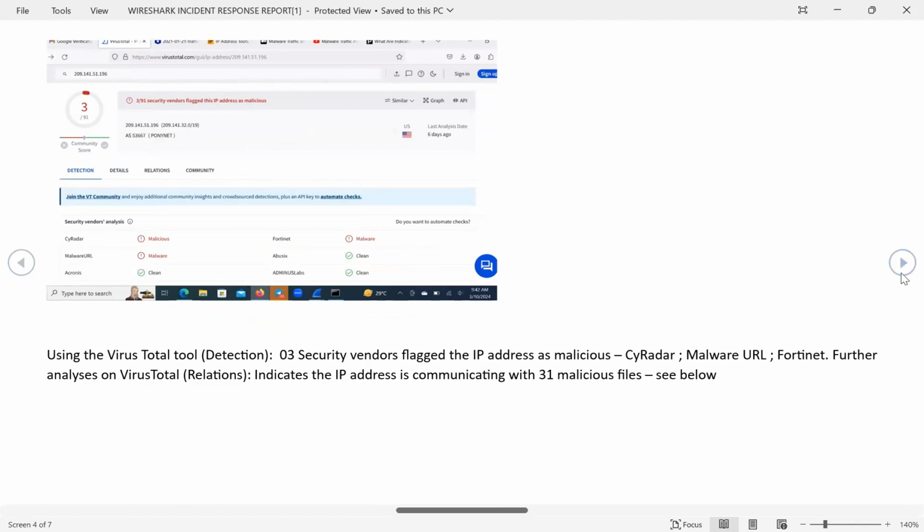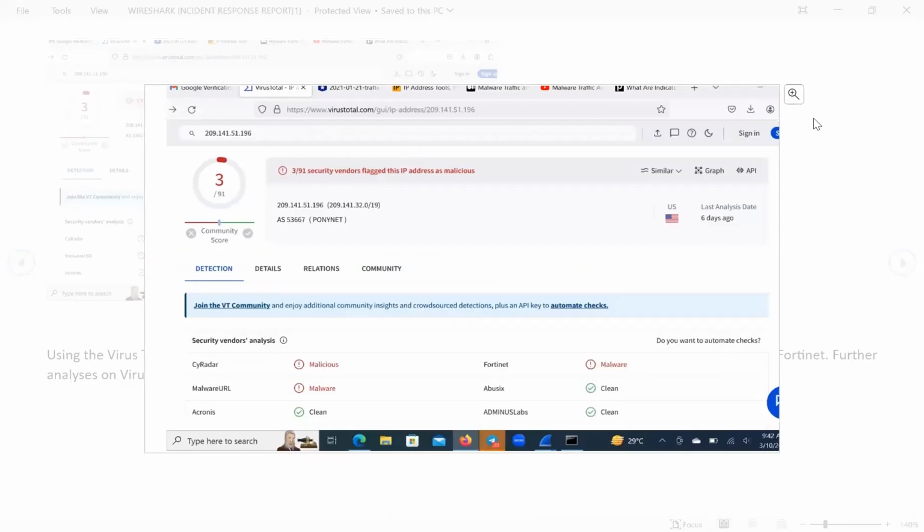What can you see? Yeah, we're on VirusTotal. Okay, let me zoom in. So the 3 vendors flagged it malicious. When I looked at those 3 vendors, they were CyRadar, MalwareURL, and Fortinet. Then on VirusTotal, there is a place that says detection, where we have the security vendors that flagged it. And I went to relations.